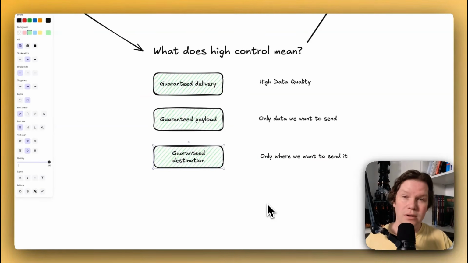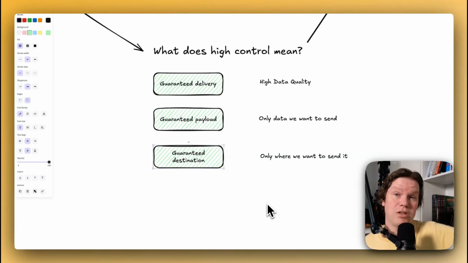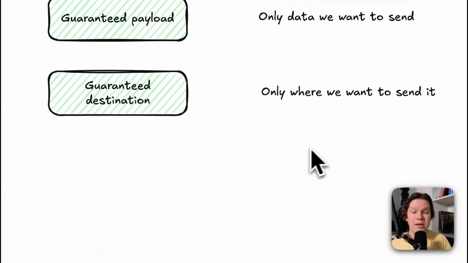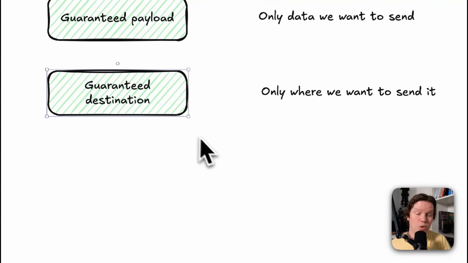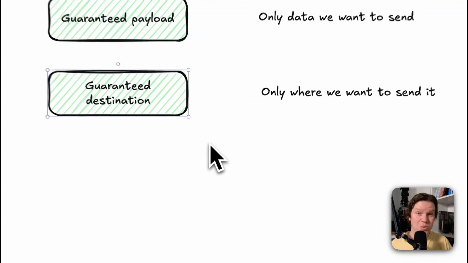If I do the whole thing on the server side, I can really make sure that I send it to just this one destination and not somewhere else. So again, this is what high control means. And even though this sounds a little weird and creepy, this happens much more than you think.